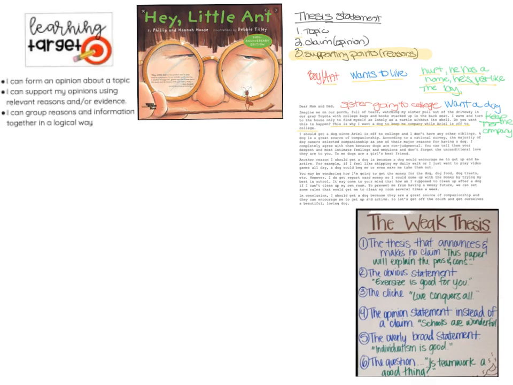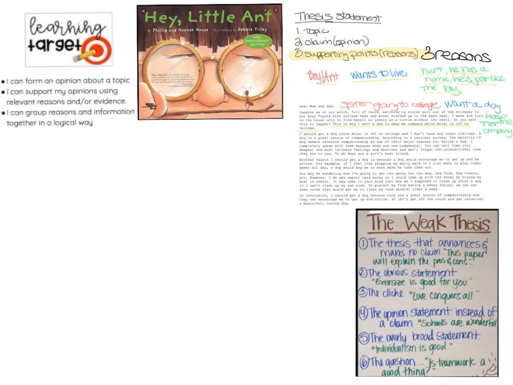That will help you tremendously as you proceed into writing your 5-paragraph essays in the coming week. So I did it with the ant. However, they did not do it in the letter to their parents about getting a dog, but I did do it in the ant. So I just want to clarify, when you are doing your supporting points and you have reasons, you need to come up with 3 reasons. Okay, everyone? 3 reasons.